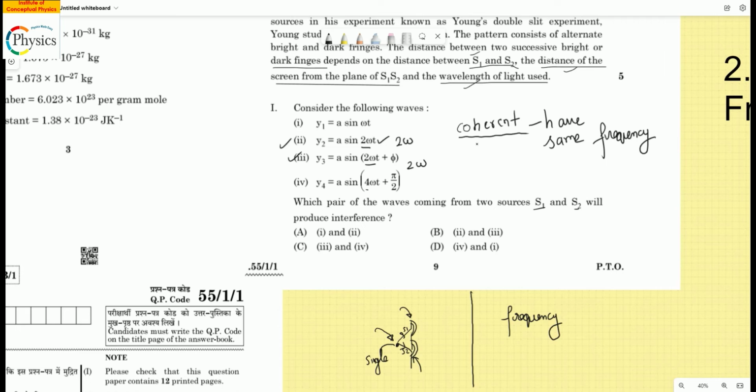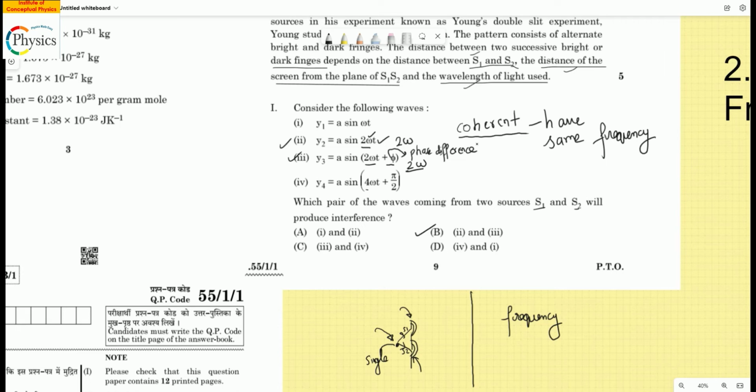Let's see if there is a choice. 2 and 3. You can see this. What is this? This is the phase difference between the two. Phase difference is allowed from the starting point, but what is not allowed is a different frequency. So wherever you find 2 omega t, that will be the answer. Second and third have 2 omega t because 2 omega is common in both of them.